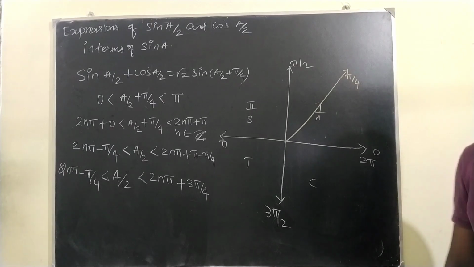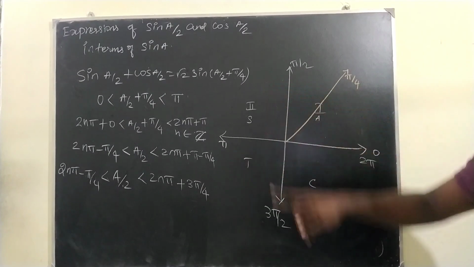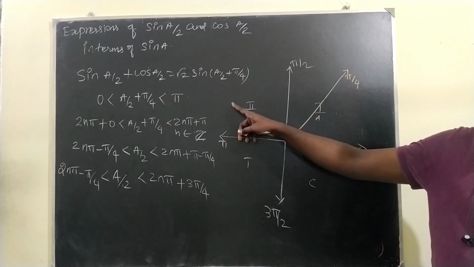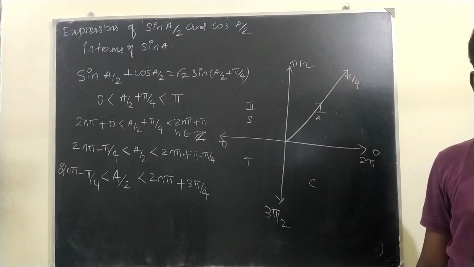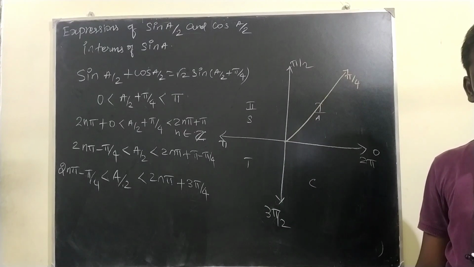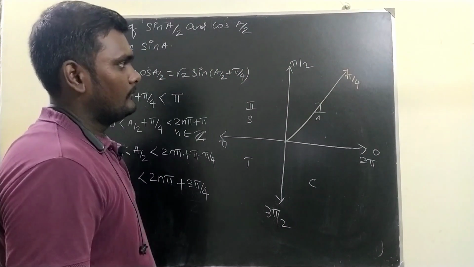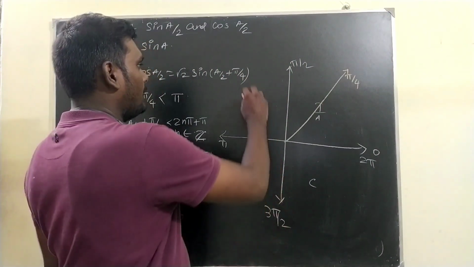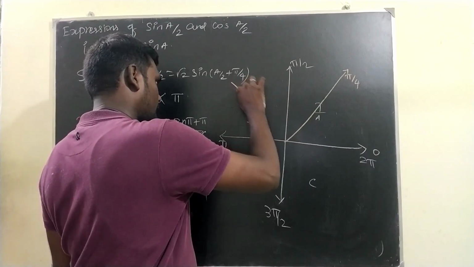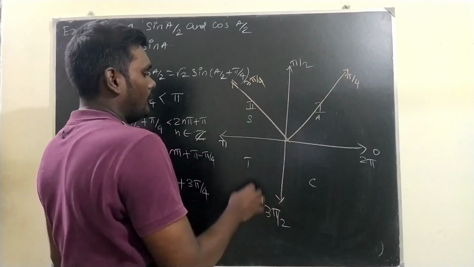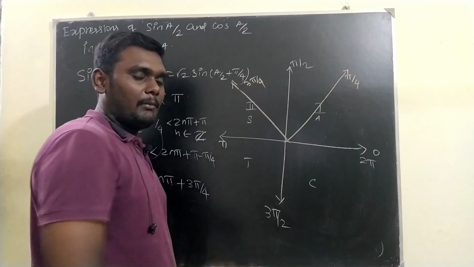Okay. Now, the next pi by 4 will occur when it's pi minus pi by 4, right? Pi minus pi by 4 is how much? 3 pi by 4. So, here it is 3 pi by 4. The next pi by 4 will occur at pi plus pi by 4.